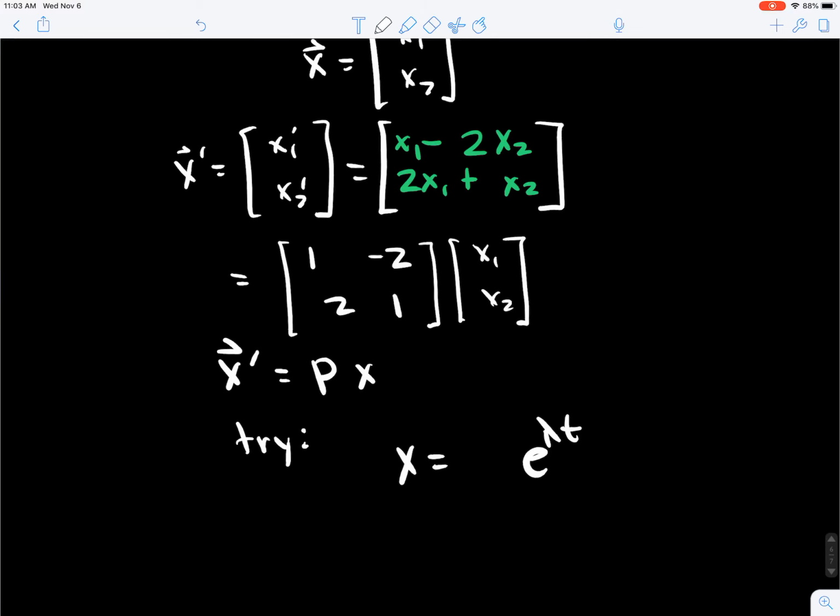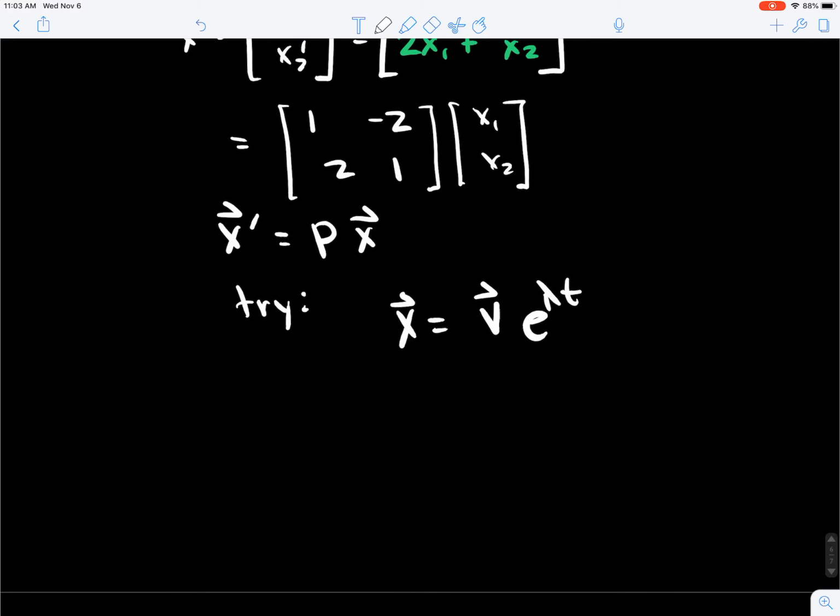Well, if you make P a matrix and x a vector, you're not that far off. We want to try something similar, but you want a vector, so you're going to put a vector v there.